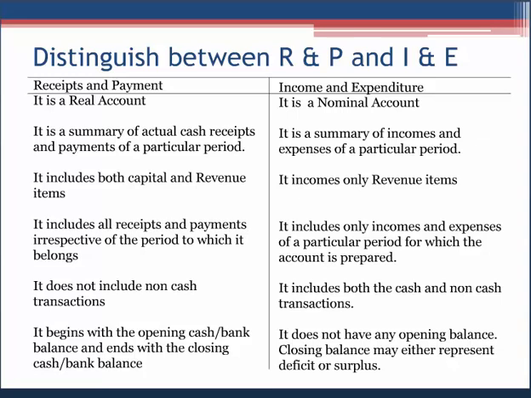It basically represents the loss. And if the income is greater than the expenses, then we have a surplus. It represents the profit. Are we clear? That's receipts and payments versus income and expenditure. Perfect.